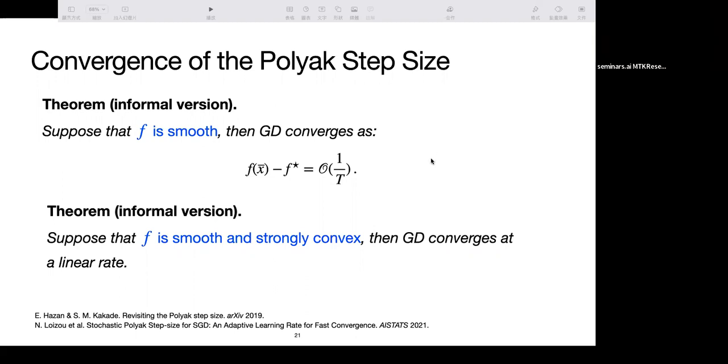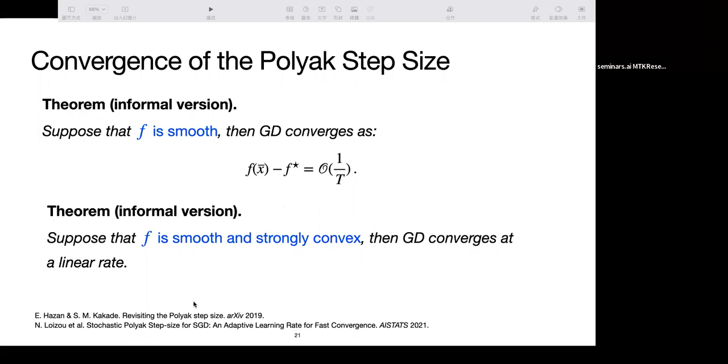Oh, yes. For example, this paper discusses the stochastic Polyak step size. They run the experiment in the over-parametrized model setting. But because I want to simplify the content of this talk, I just talk about the deterministic setting.